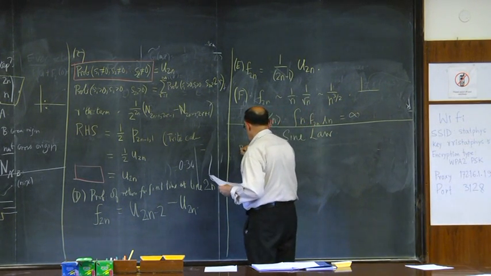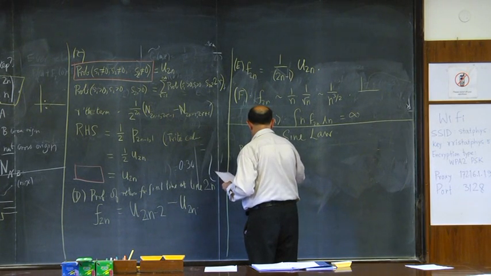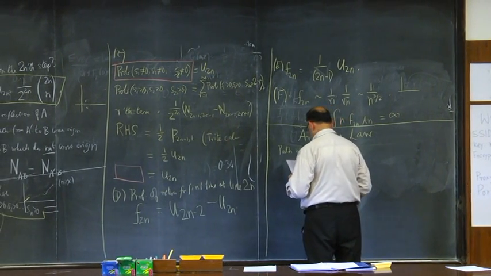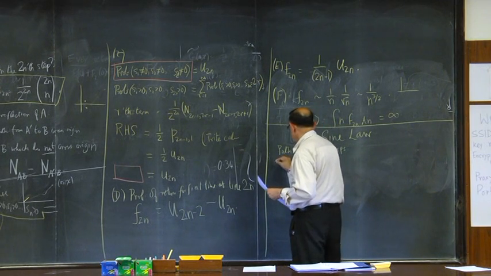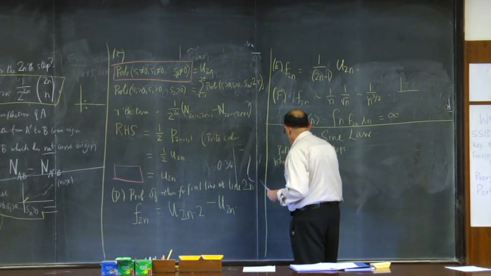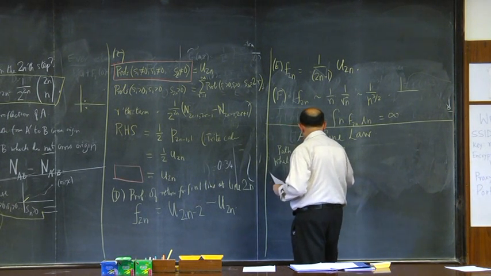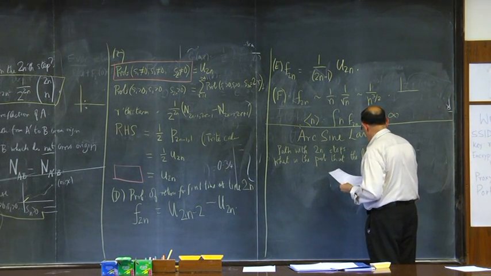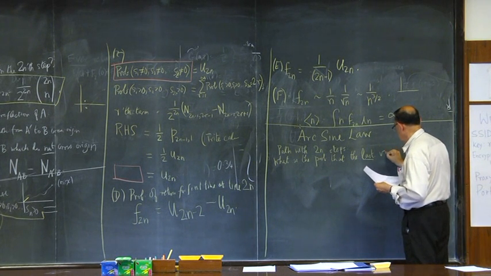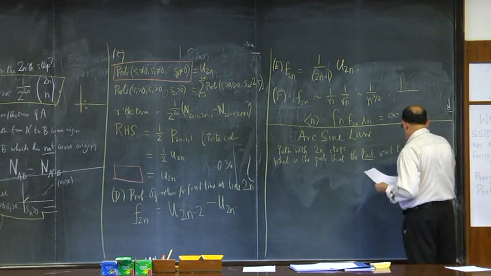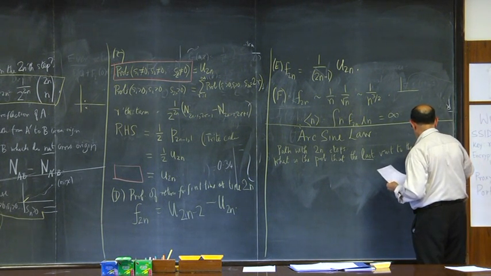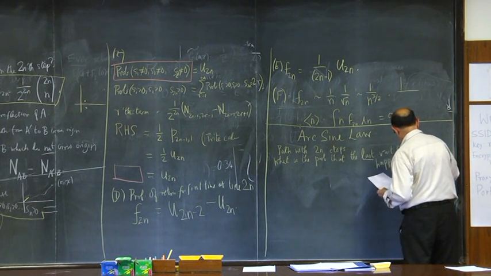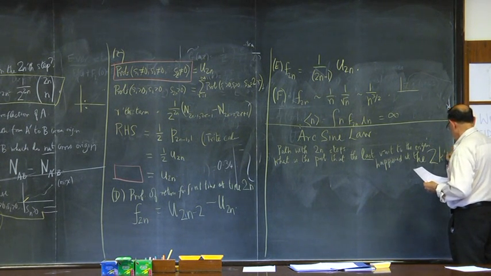So consider a path with 2n steps. Question: what is the probability that the last visit to the origin happened at the 2kth step?